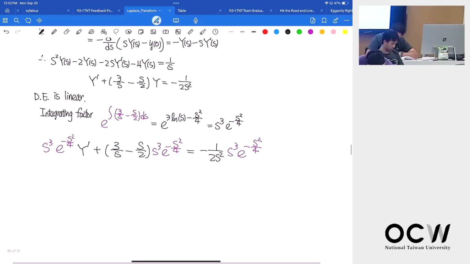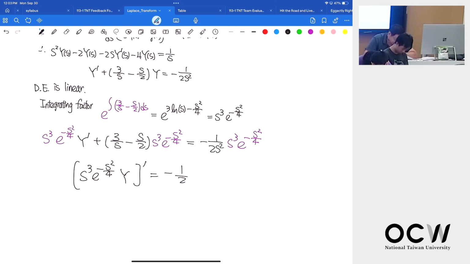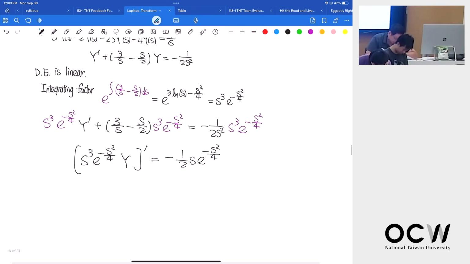So the left hand side becomes s cubed e to the minus s squared over 4 y, so you'll get y. This y is in S domain.